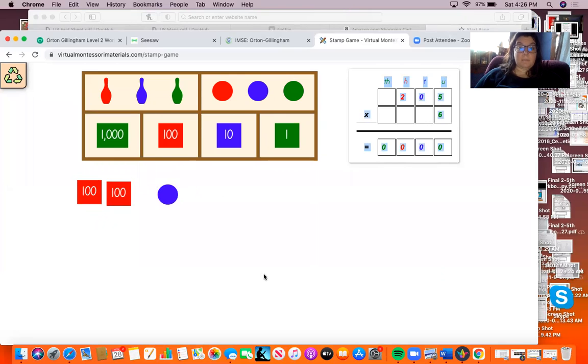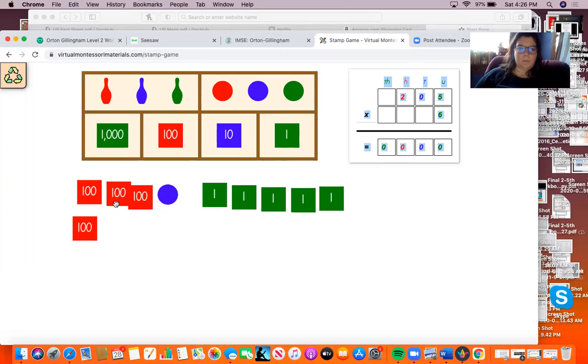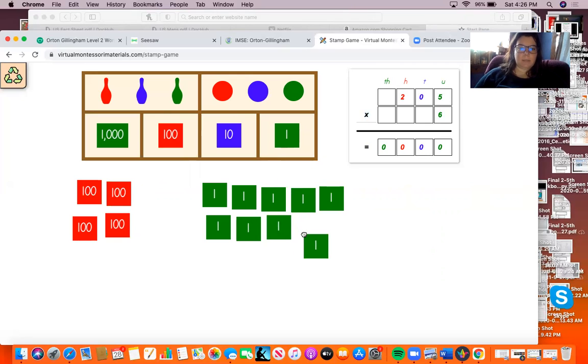This can represent my 0, 5. Remember, I'm making 6 groups of these. I can actually just leave that because we'll regroup. So just leave a blank spot there for our 10s.